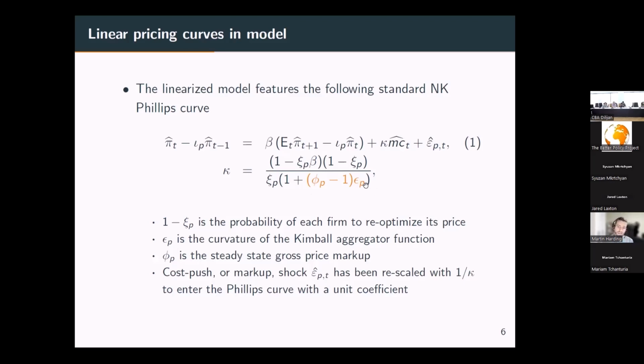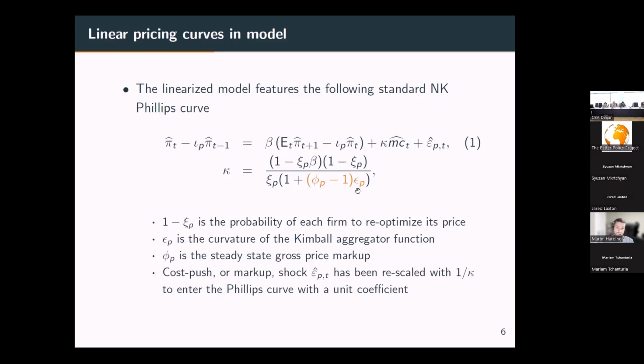So what Kimball adds is effectively this term in orange here, where you see it adds an extra term to the denominator. So in the linearized world, you simply get a flattening of the Phillips curve for a given set of the other parameters in the model: the Calvo parameter, the discount factor, and the gross markup.